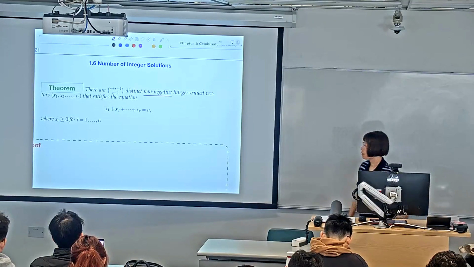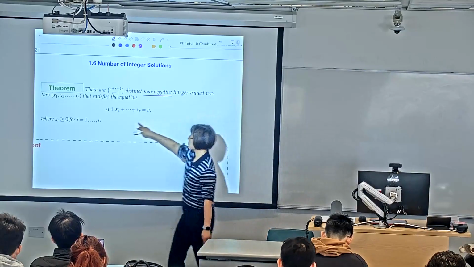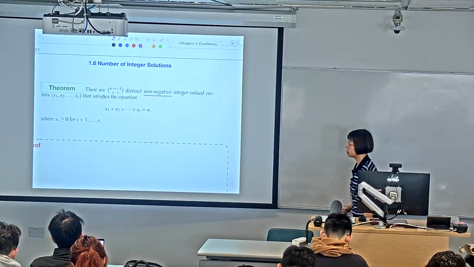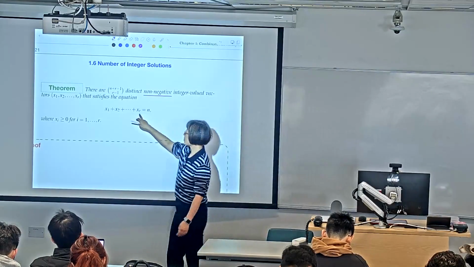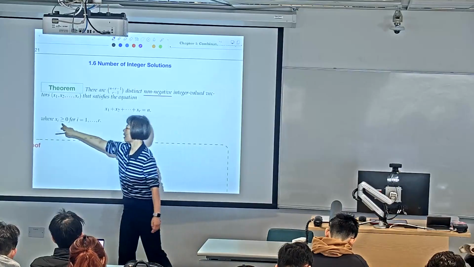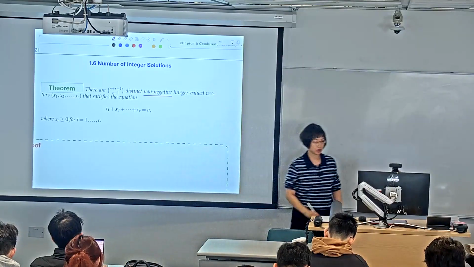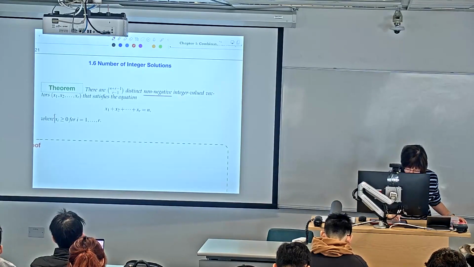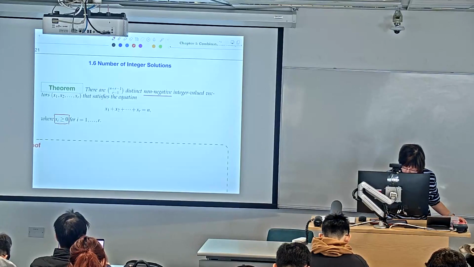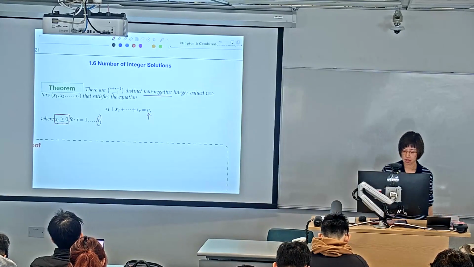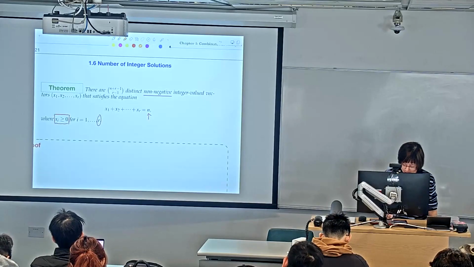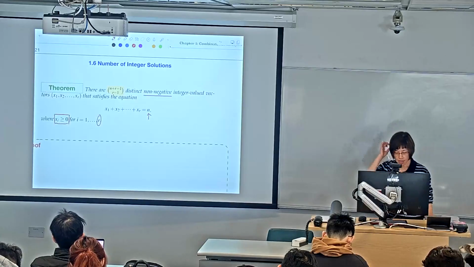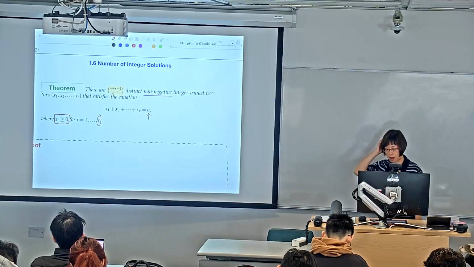The number of non-negative integer solutions for the linear equation x1 plus x2 plus ... plus xr equals n, where the sum is still n and the number of variables is still r, is n plus r minus 1 choose r minus 1.